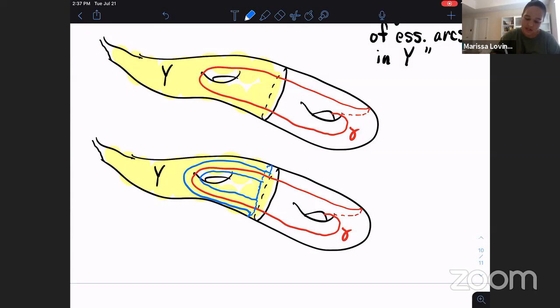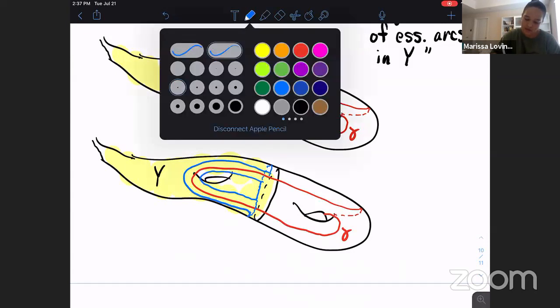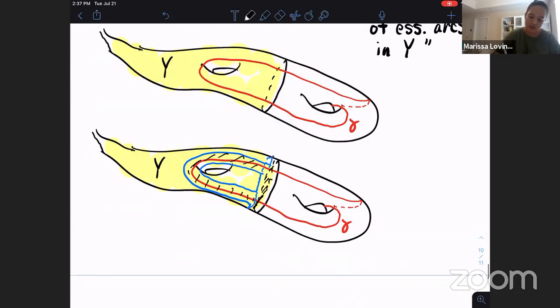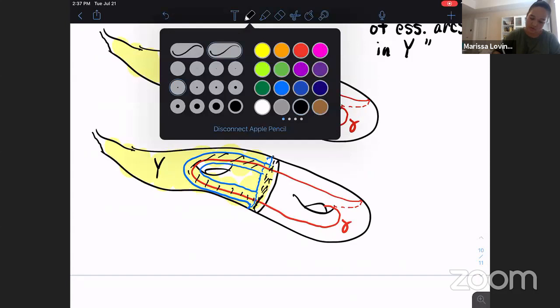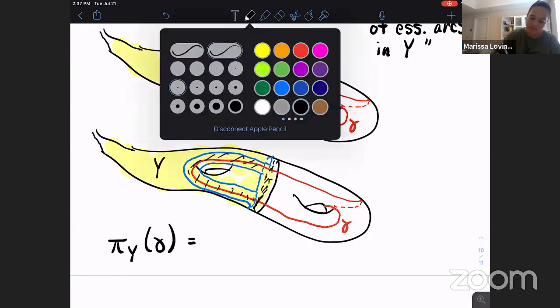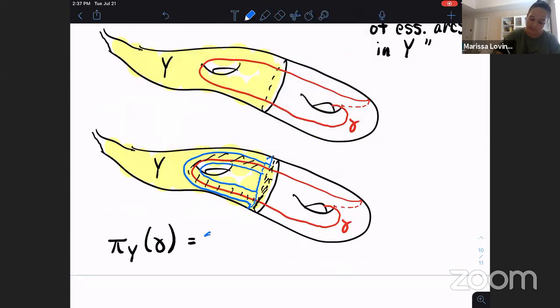And so you can see in here, we have this kind of neighborhood that goes around. And so my definition of this projection is going to be the boundary of that neighborhood. So it's really that blue stuff here. Those curves, that's my projection of gamma to Y.